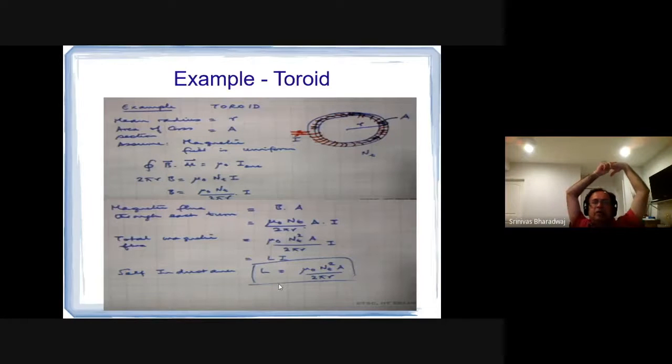Now if you use Ampere's law, B dot dl equals mu naught I enclosed, then 2 pi r times B equals mu naught Ni. N is the number of turns and I is the enclosed current. Therefore, you have B equals mu naught Ni by 2 pi r.